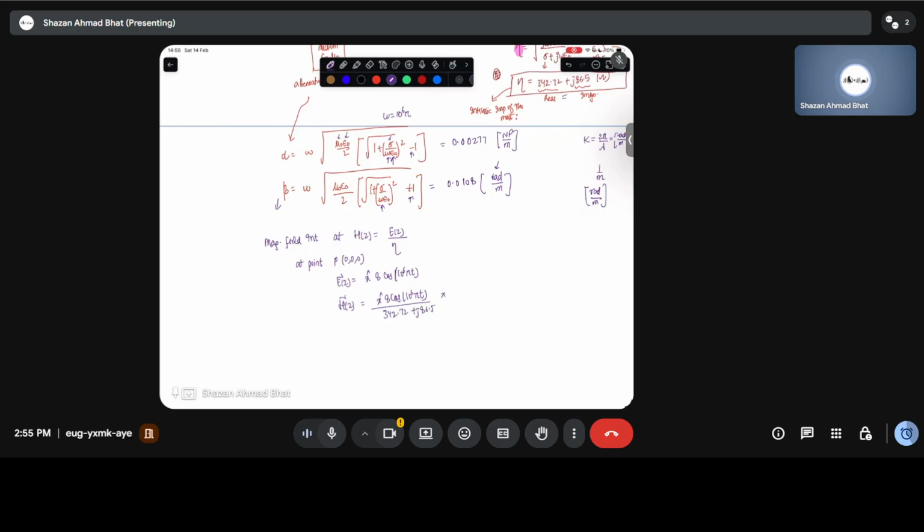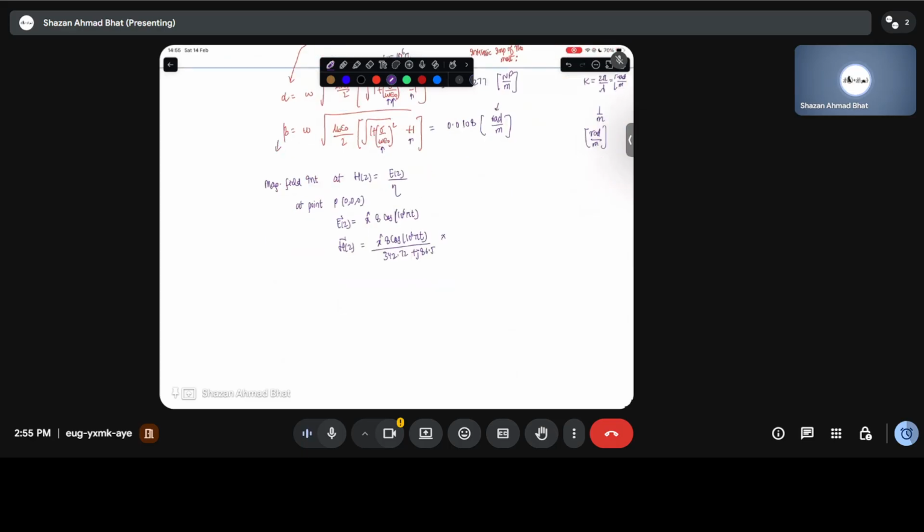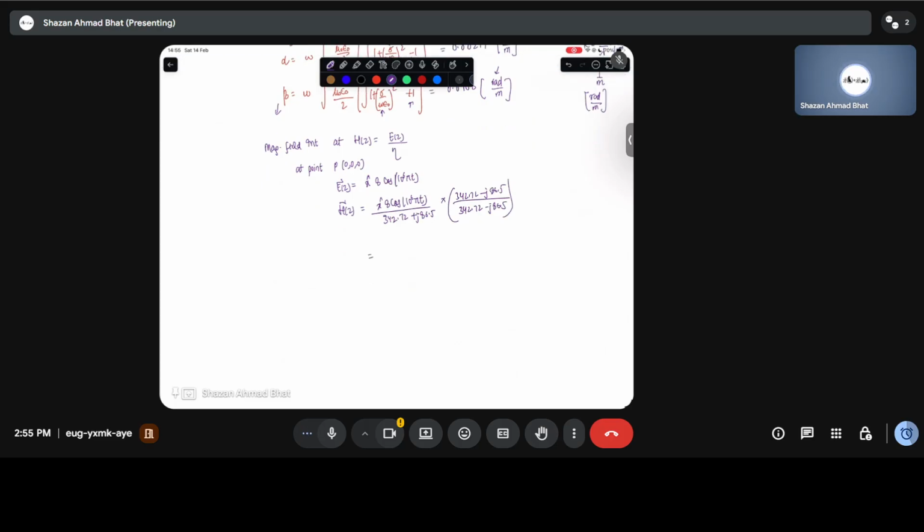You're going to rationalize: multiply and divide by 342.72 minus j86.5. When you multiply and divide by the complex number, you're going to get a certain number.